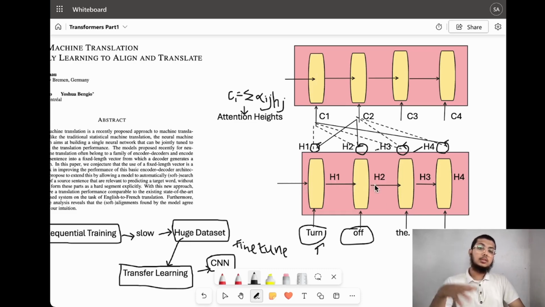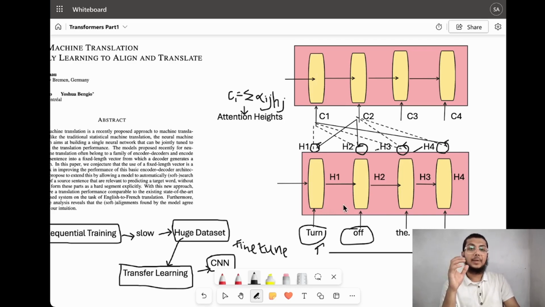Suppose this is your input sentence, turn off the light. When you translate it into Hindi, the first Hindi word that will come is light. The concept of attention says that to print this first word, you do not need the context of this entire sentence. You just need the context of some single word.